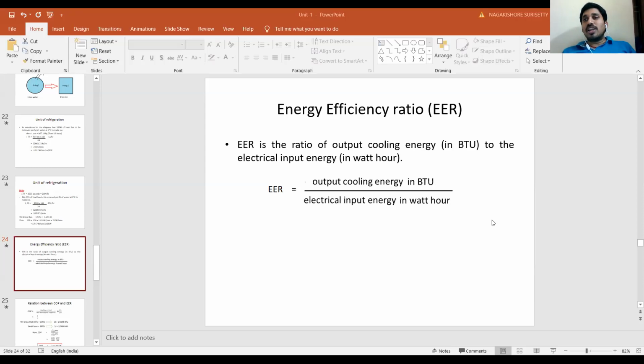But when you go for COP, we take the numerator and denominator in terms of wattage, kilojoules per second. But here we take only joules or kilojoules. Only energy quantities are taken in numerator and denominator for EER. So that is EER.